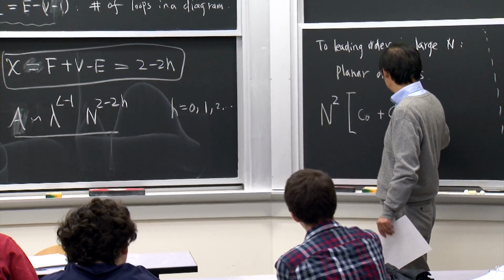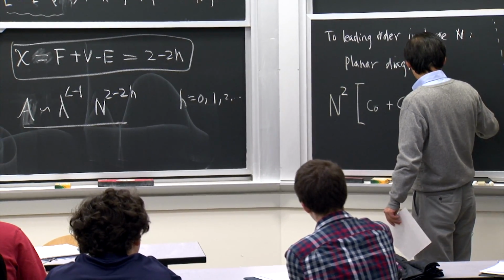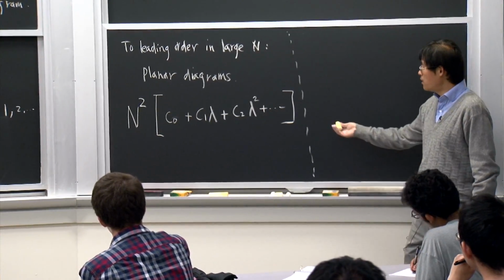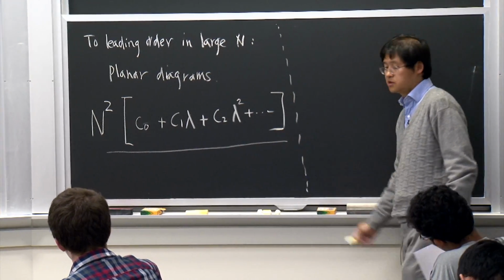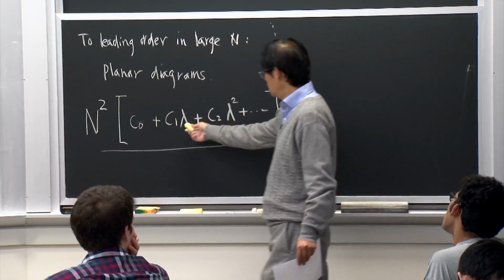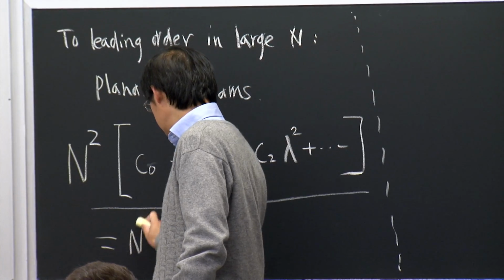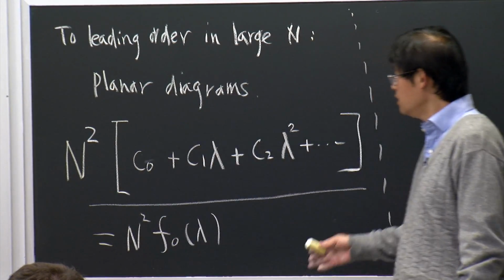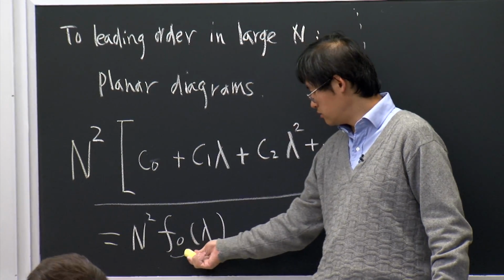If you have 2 loops, then lambda, 3 loops, lambda squared, etc. So this is the sum of all planar diagrams, we have this structure. You can imagine you can sum all of this if you are powerful enough, and then you can write it as N squared times some function of lambda.